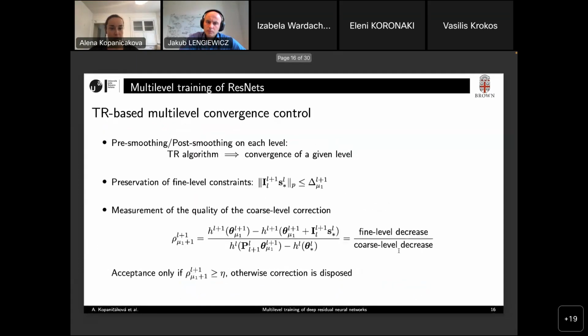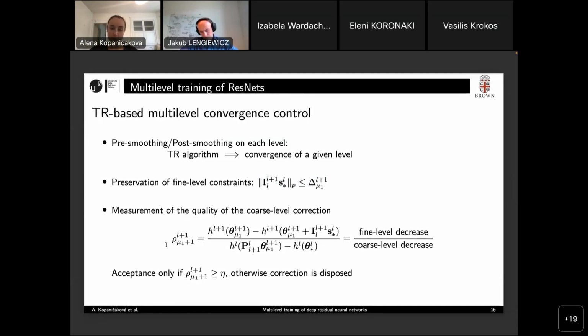Okay, so in addition, some comments on how to preserve convergence in terms of trust region settings. There are several important points here. We will have to make sure that the size of the correction which we obtain on the coarse grid and prolongate to the fine level is bounded, and this bound is provided by the fine level trust region radius. And every time we prolongate a coarse grid correction, we will also measure its quality.